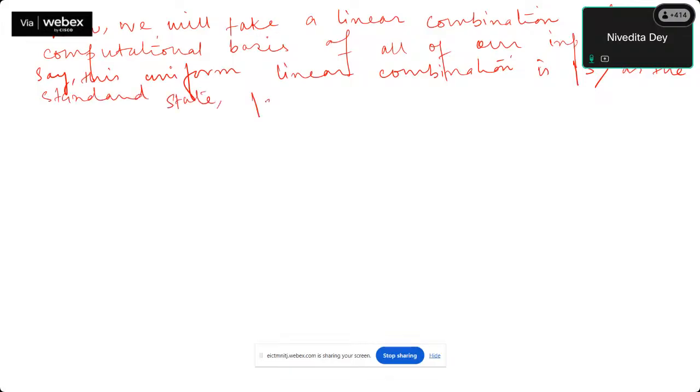And S is nothing but 1 by root N, the sum over x equals 0 to 2 to the power n minus 1, or equivalently capital N minus 1, because 2 to the power small n is equal to capital N. This is the superposed one.